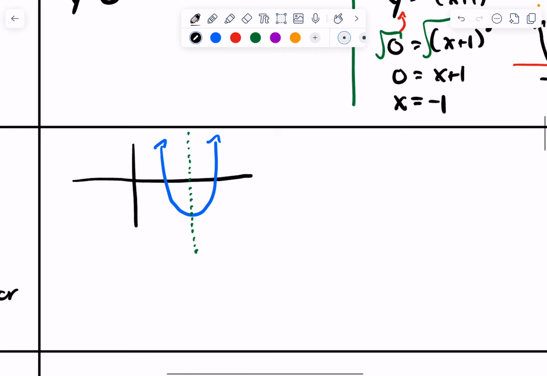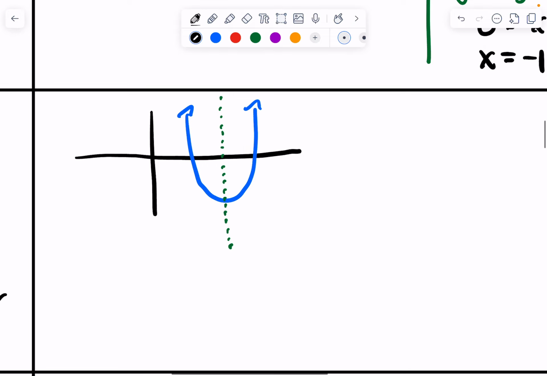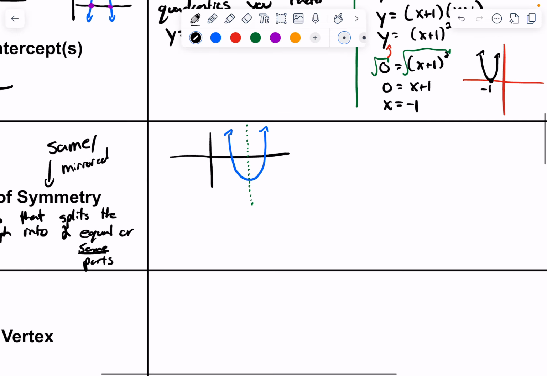Well, notice how your things almost fold on each other, okay? Your graph splits like this right here, this green line I've drawn right here, is your axis of symmetry. That's your axis of symmetry.